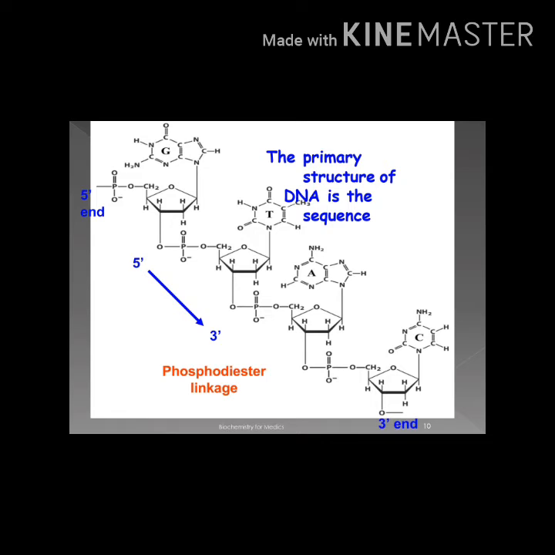So the nucleotides are binding to each other with the help of phosphodiester bonds, and these monomers combine together in a chain, forming a polymer of the primary DNA sequence. So it can be visualized as a 5 prime to 3 prime DNA sequence.